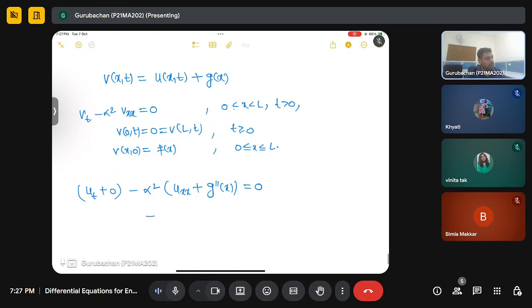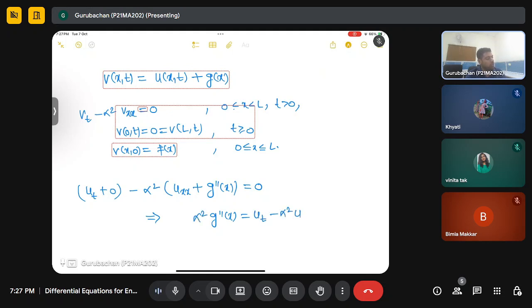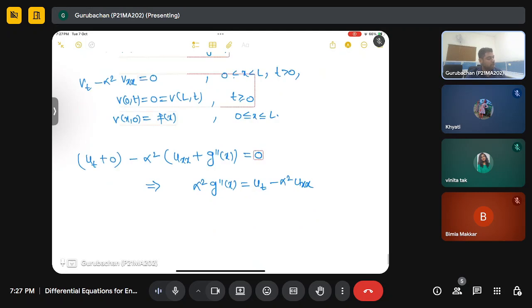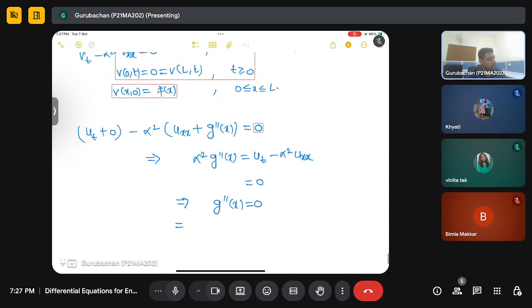So this will imply g double dash x is equal to ut minus alpha square uxx. And if you know that u is a solution, then this has to be 0. If this is 0, then g double dash x will be 0. That means g(x) will be some c1 x plus c2.